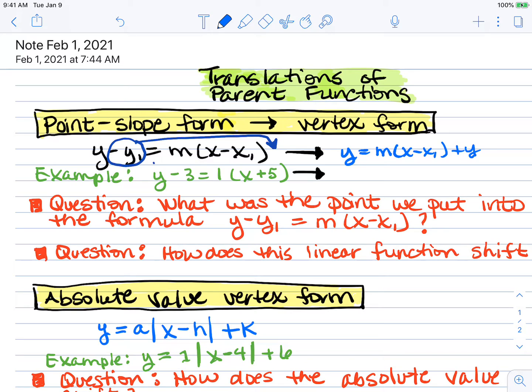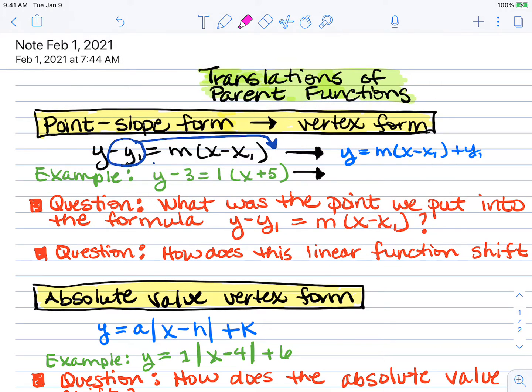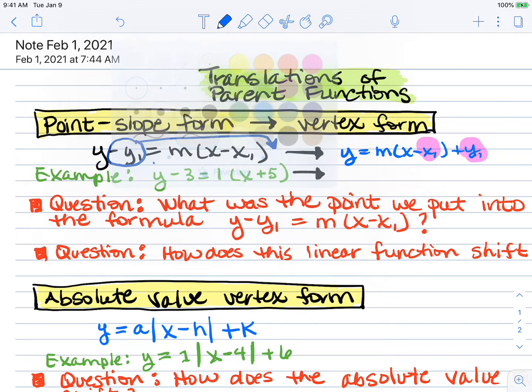Well, when we talk about vertex form, we don't use our x1 and our y1. We're going to change those. So we're going to change this guy and this guy to vertex notation, which uses h and k in our vertex form instead of x1 and y1 for that point.